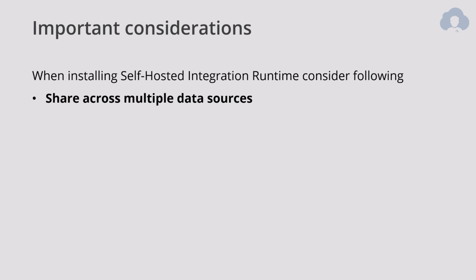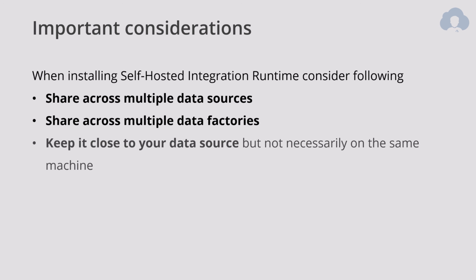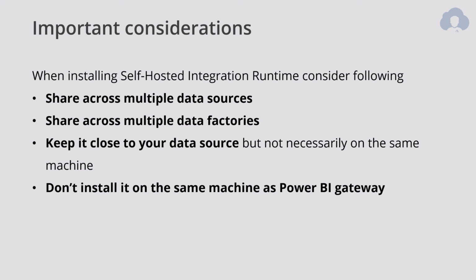And let's finish by talking about a couple of important considerations when using integration runtime. First of all, sharing is important, so you can actually share your integration runtime across multiple data sources and multiple data factories to save a lot of costs. Additionally, you should always try to keep it close to your data source, but I wouldn't recommend installing it on the same machine just for maintenance purposes. And if you have Power BI Gateway installed, don't install integration runtime on the same machine.